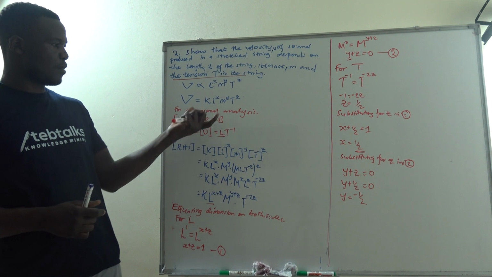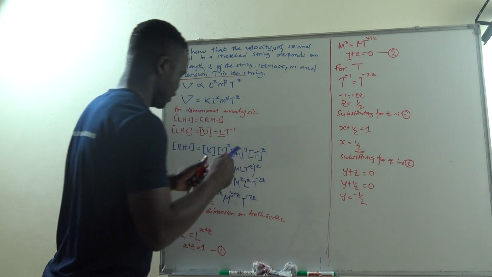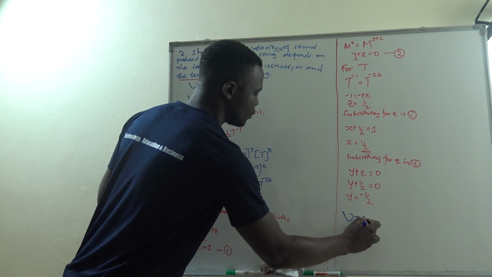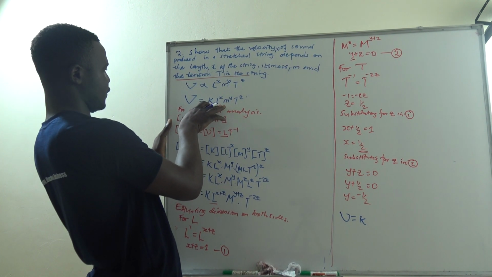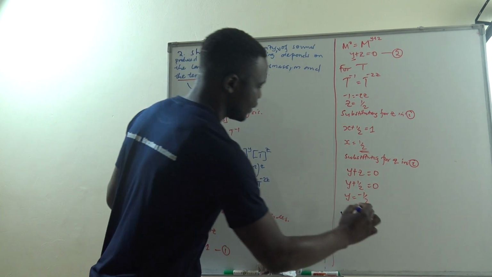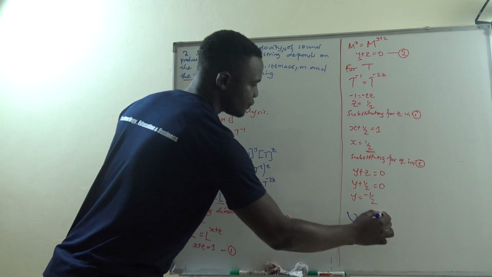So now let's come back to our expression that we are trying to form. We said that the velocity v is equal to a constant times L power x. But what is the value of x? This is L power half.